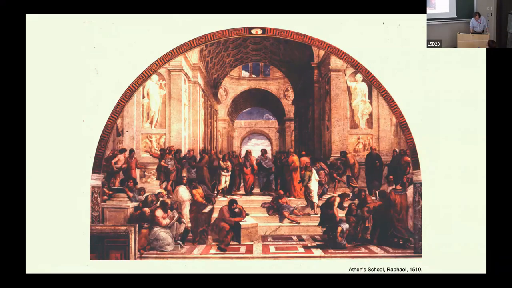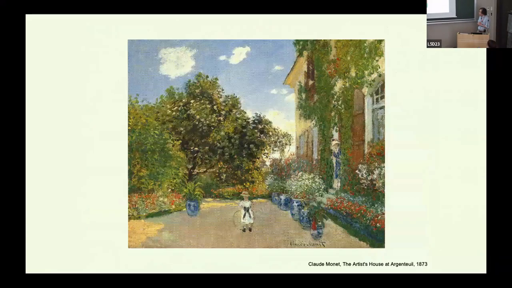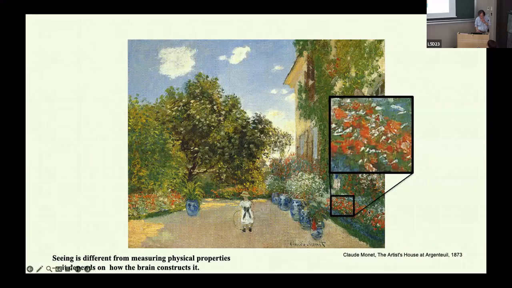And a few hundred years later, Monet painted this picture. Here we can see a tree, garden, house, a child, and probably her sister, and many flowers. But if we move in to this flower, what we can see is only the red and white and probably green paint. So we don't see a flower here.